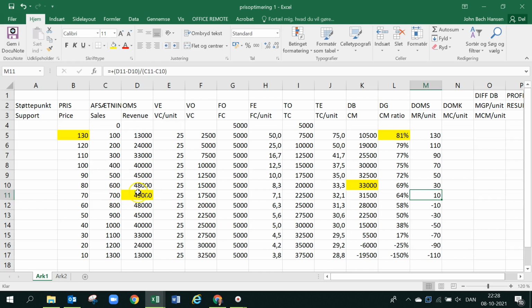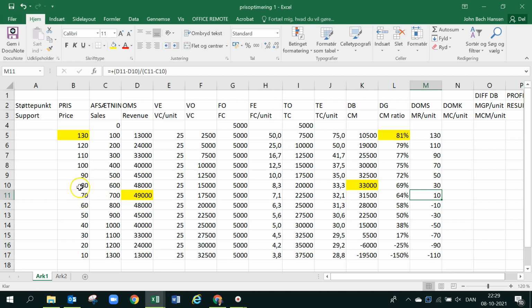Now I can see that my revenue actually is only increasing from 48,000 to 49,000 on 100 units. So 1,000 divided by the 100 is only 10 per unit. And the reason for this is, of course, that I'm losing money on the 600, because I'm going from one scenario to another.